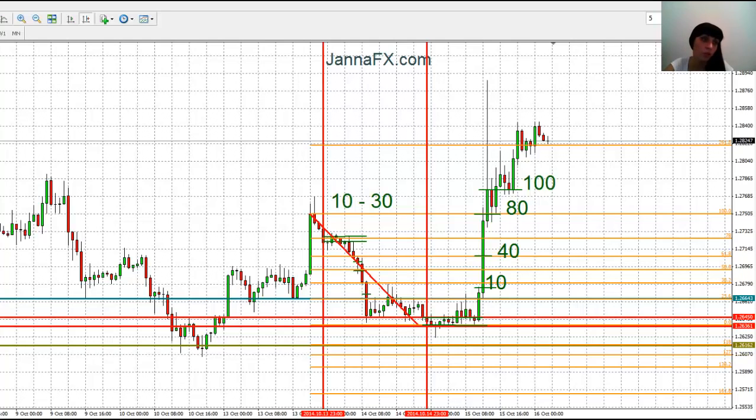So I'm not going to lie to you and tell you the fairy tale like you could have made let's say 200 pips on this move, or 170. Maybe if you would risk it, you could have done it, but usually I trade safely, that's why I wouldn't do it.